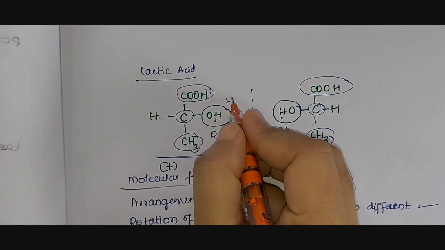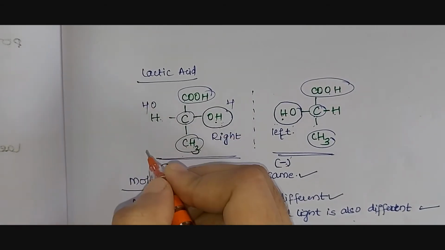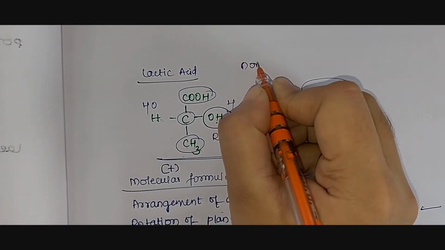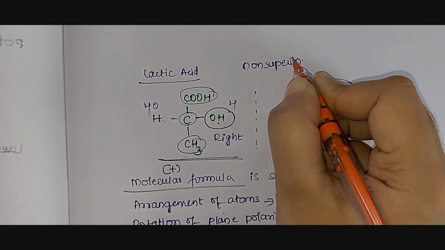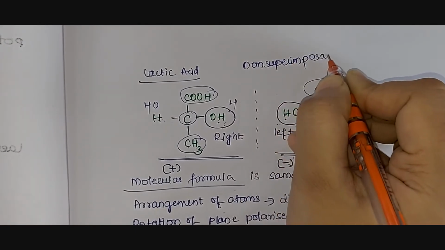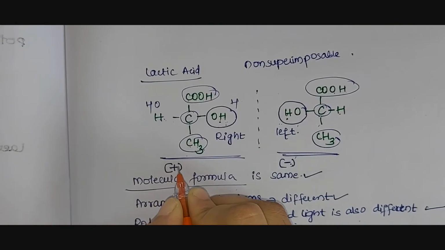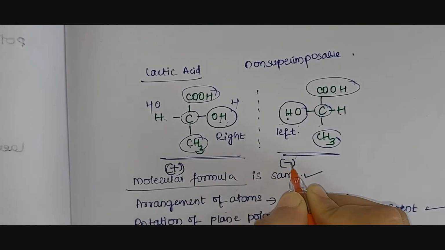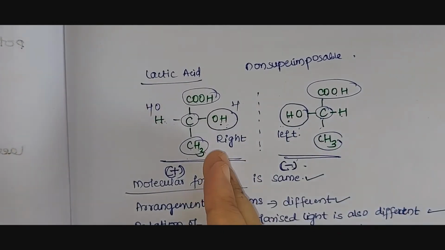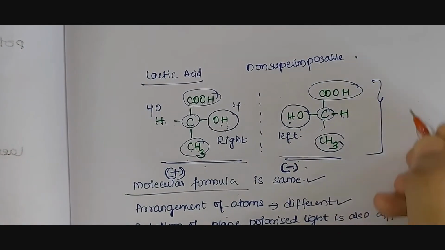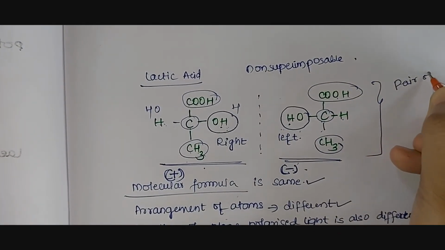So such images which are not superimposable, we call them as what? Non-superimposable mirror images, and the isomers which have the same molecular formula and have non-superimposable mirror images and are optically active, that is one will be dextro, another will be levorotatory, such isomers we call them as enantiomers.